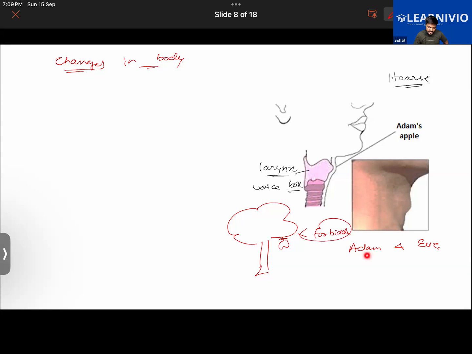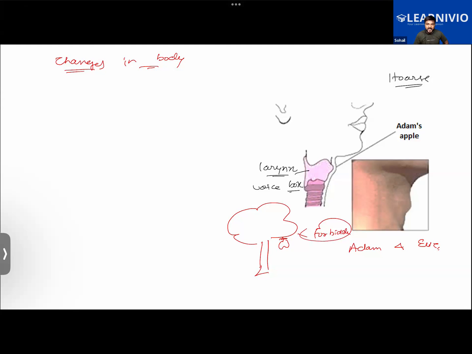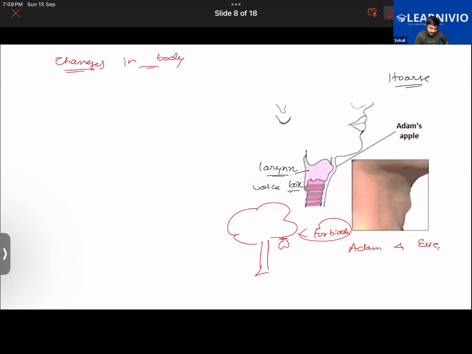Adam and Eve used to live in paradise, and they were forbidden by God to go near this tree of knowledge. But they were tricked by a snake into eating that apple. While the prophet Adam ate that apple, it is said that it got stuck in his throat, though how much it is true, I'm not sure.